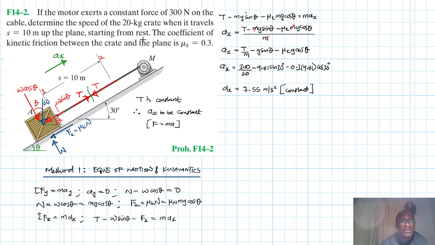Okay, because the motor exerts a constant force.